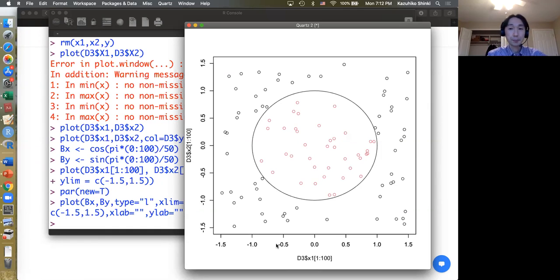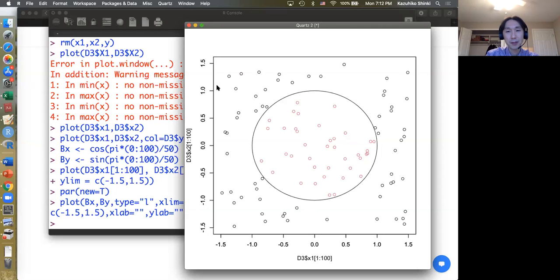So think about the linear discriminant analysis. The support vector classifier has a linear boundary, so basically it does not make sense. Any line is basically meaningless. Even if the line goes through this circle, it does not make sense, and if the line does not go through, then also it does not make sense.